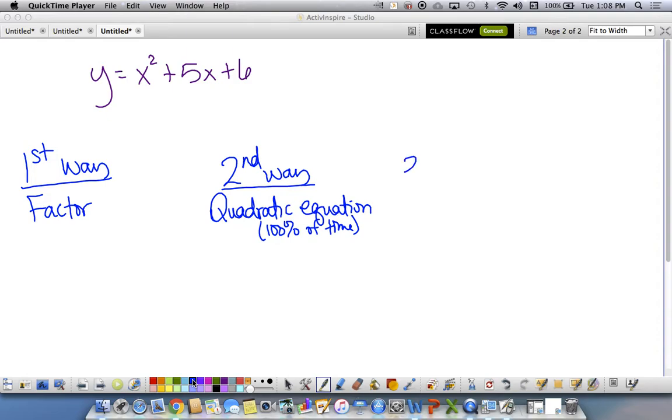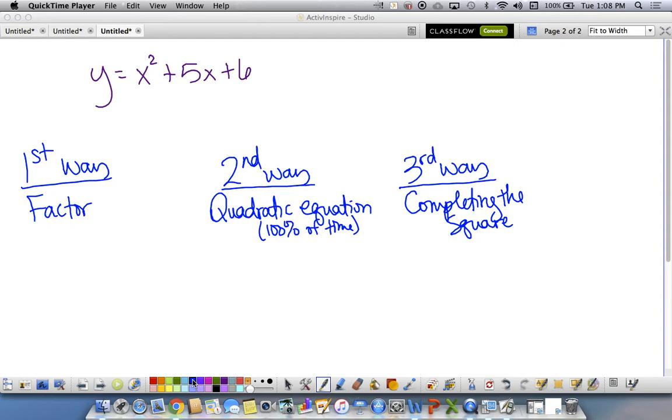The third way, which I know you've seen, some of you will tell me you haven't, but I know you saw it in Algebra 2, okay, is completing the square. Okay, this will be the one you like the least.